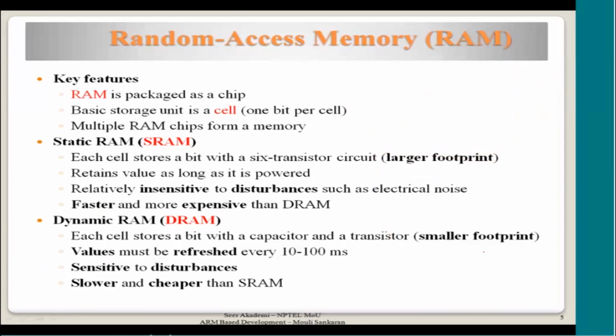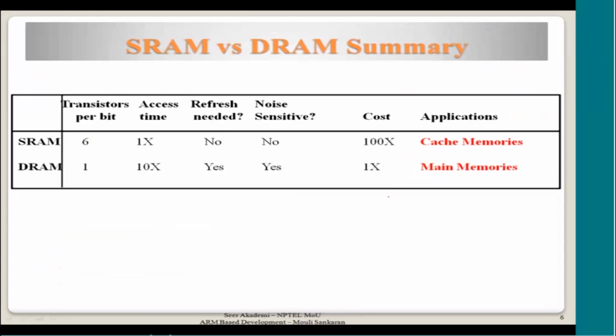Very good. So I have given you a flavor of memory. Let us go into some more details. So this is the comparison. These numbers may not be exact, but they are very close. For access time, don't say that 10 is bigger than 1, so it is better.